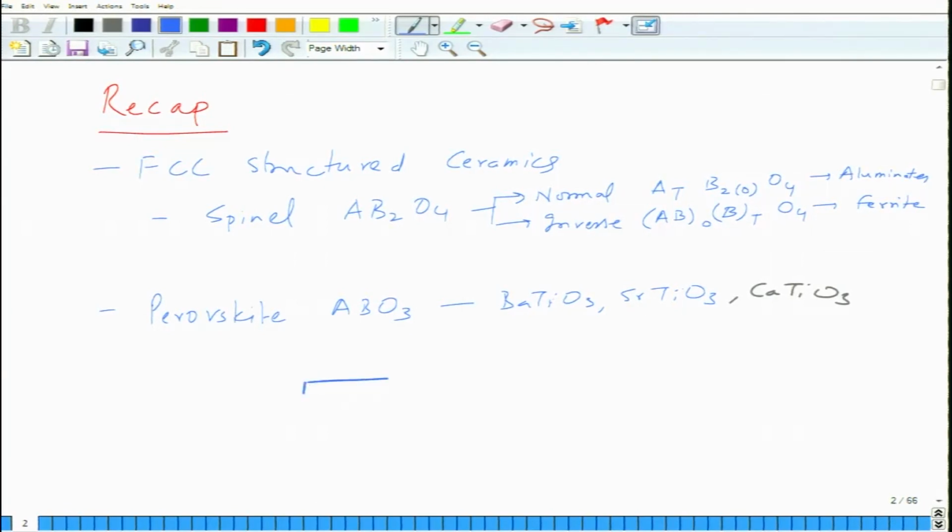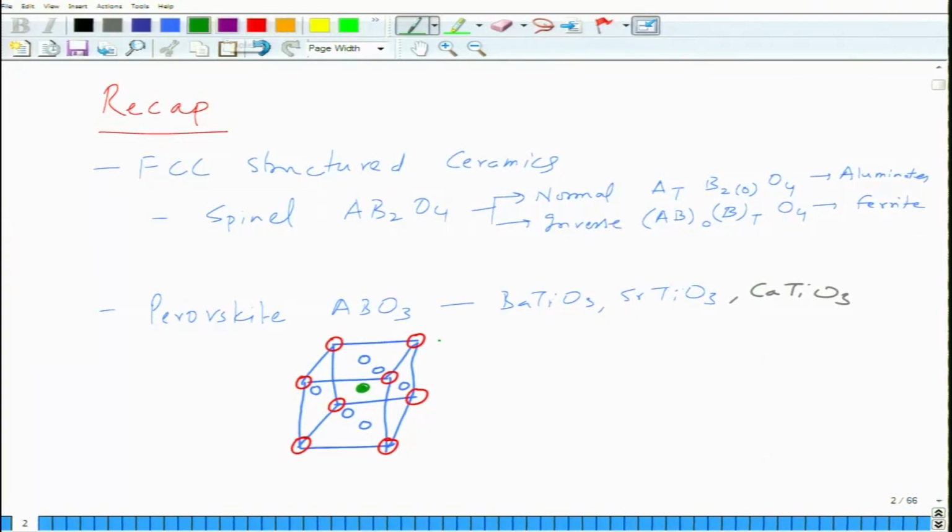So, here in the unit cell, oxygens go to face centered sites, barium goes to the cell corners, and titanium, B, goes to the center of the cell.